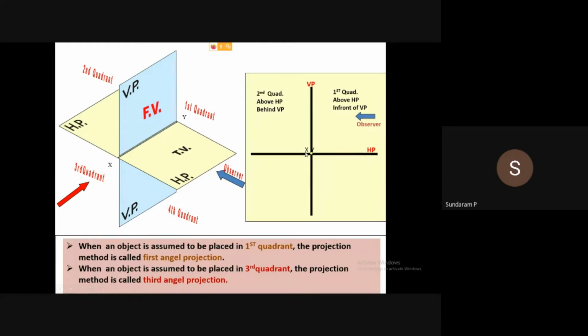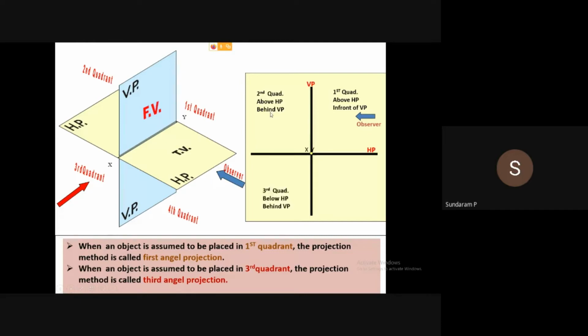We can say the object is above the horizontal plane and behind the vertical plane. The observer always stands on the right hand side of the reference planes, so we can say above HP, above the horizontal plane or above ground, and behind the vertical plane.